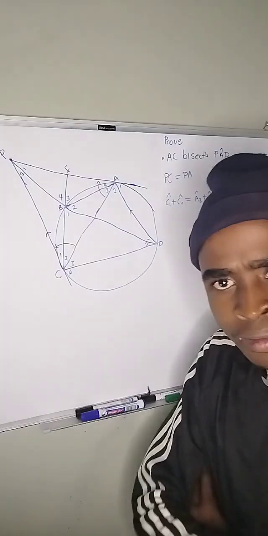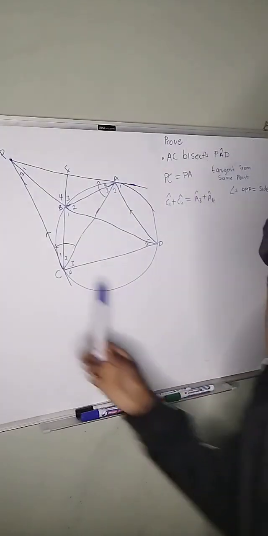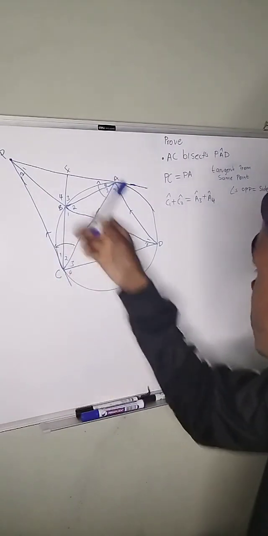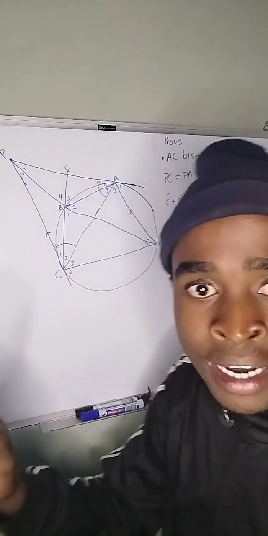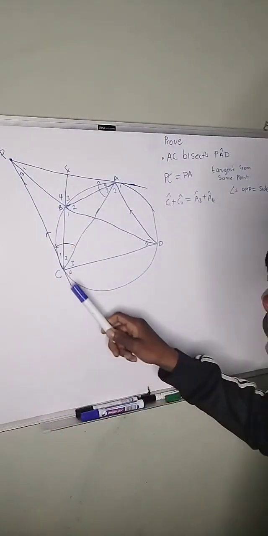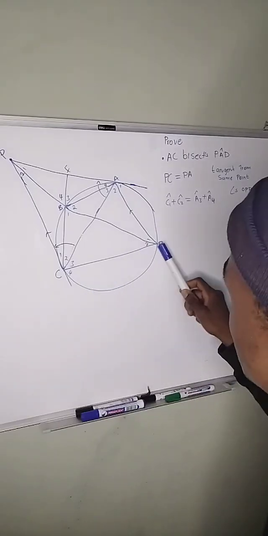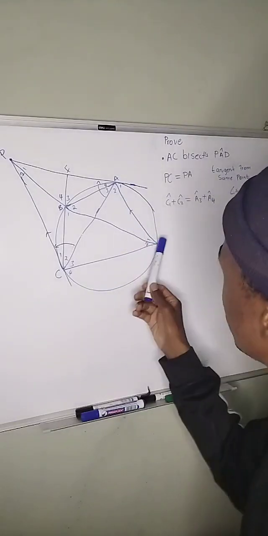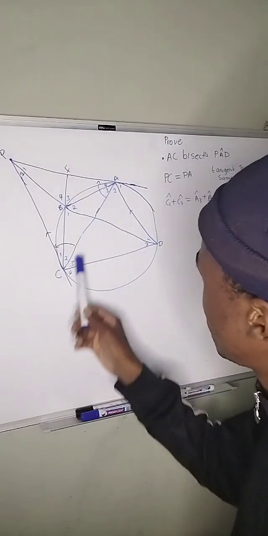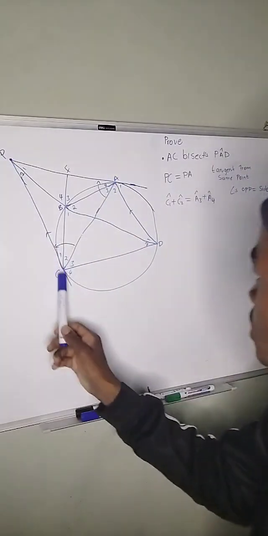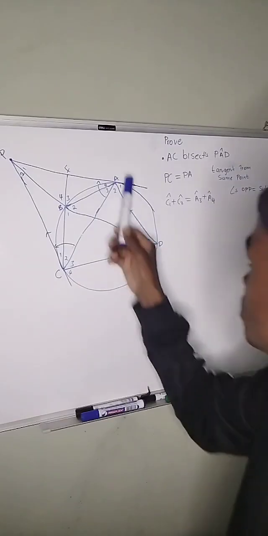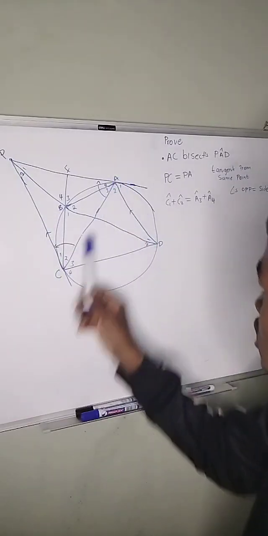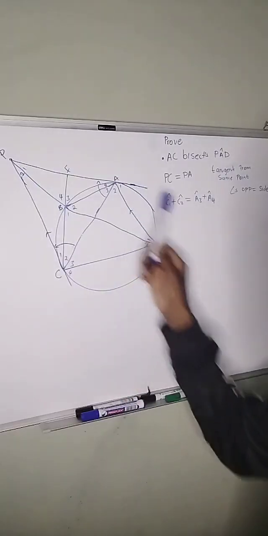So we see the parallel lines. These are two parallel lines, and they are forming the Z shape. We have that A2 there, and they are forming the Z shape.